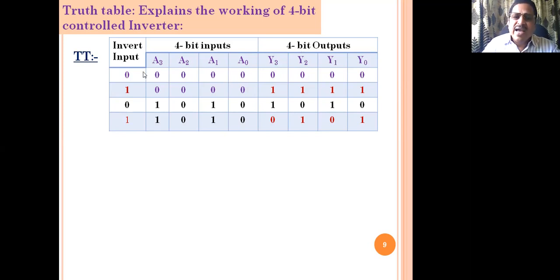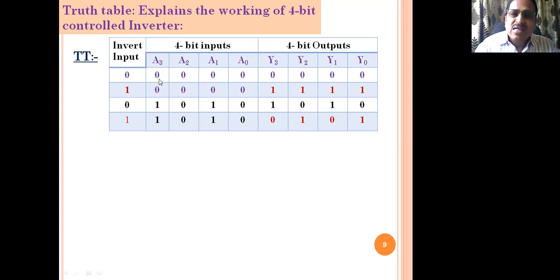Now see here, when invert is at 0 and let the 4 inputs also be 0, 0, 0, 0. In that case, the 4 outputs remain the same as the 4 inputs, 0, 0, 0, 0. That means there is no change. The input gets released at the output as it is, without any change, if the common invert input is at logic 0.